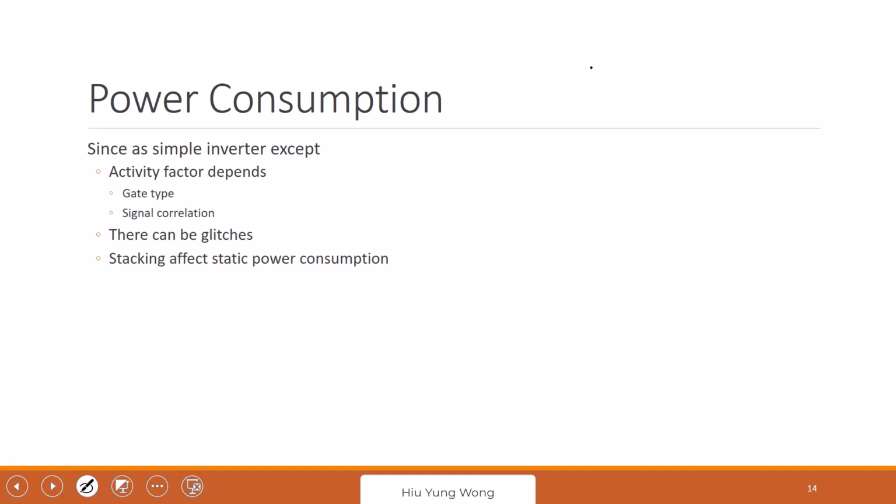For an inverter, if you have an input signal change, the output will change. But for the NAND gate, it's not always changing. And also signals can be correlated, A and B, right? So that activity will depend on that.